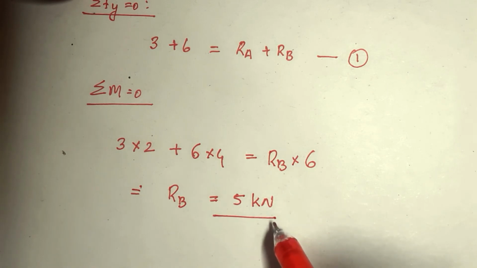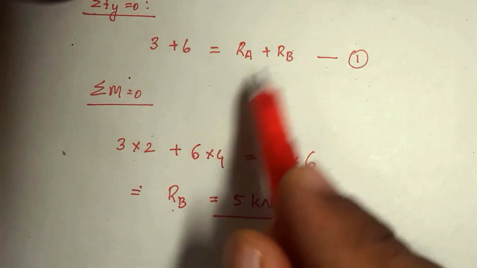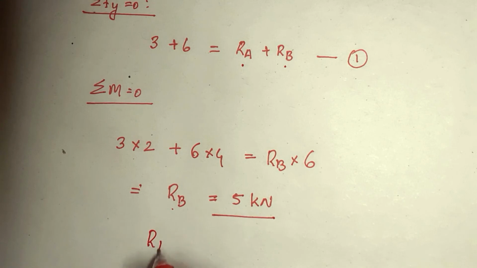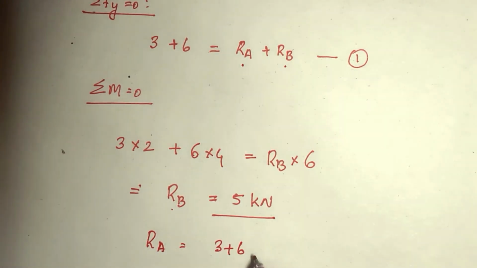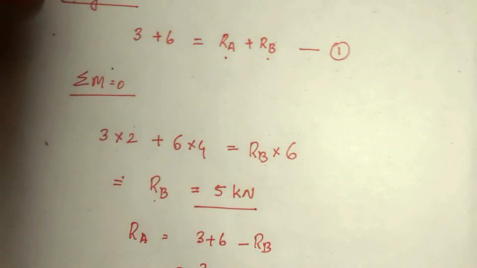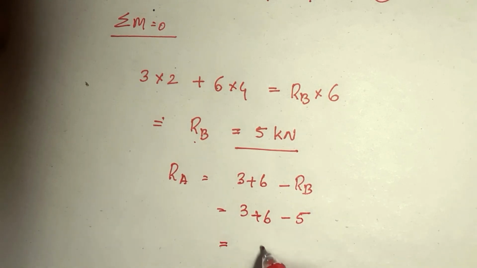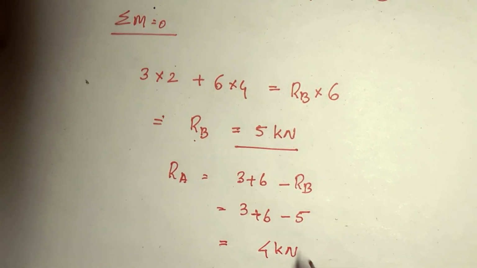Now how to get RA? We will put RB into this equation, we will get RA. So RA equal to 3 plus 6 minus RB, which is equal to 3 plus 6 minus 5, which is equal to 4 kilonewton.